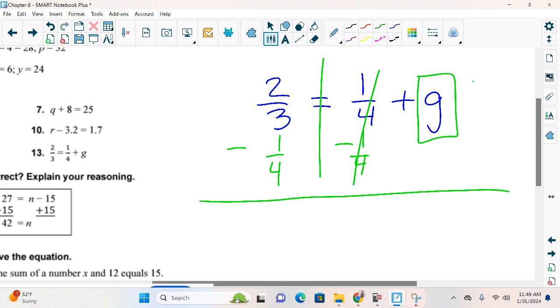You're trying to get the variable by itself, so you move the number that is next to the variable. Because if we had moved 2/3 over, there would have been nothing on that side, and it wouldn't have been good for us. So 2/3 minus 1/4 gives me 5/12, and 5/12 equals G. Okay?